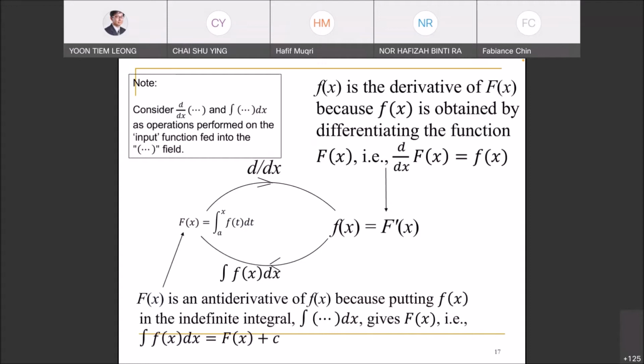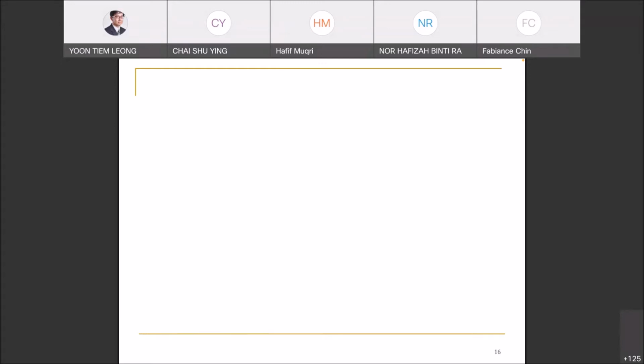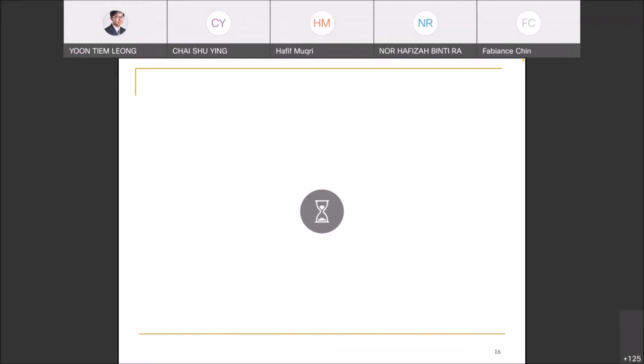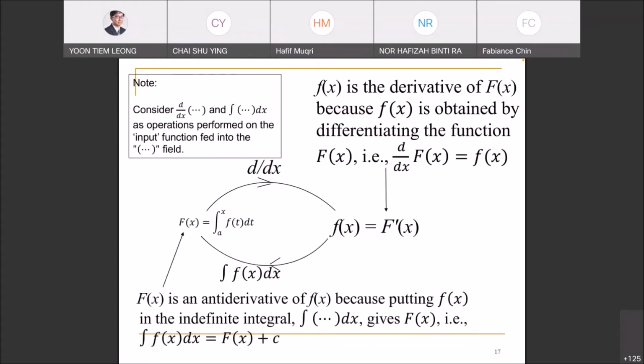So you have a small function f on the right and the capital function F on the left. Then the capital function F and the small function f are related to each other through the derivative and the antiderivative operation. So upstairs, d/dx is the derivative.